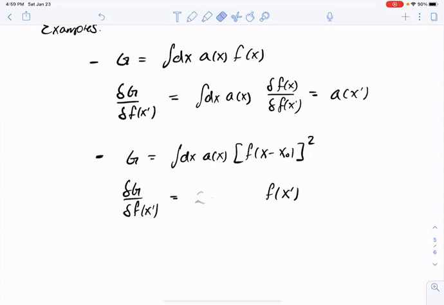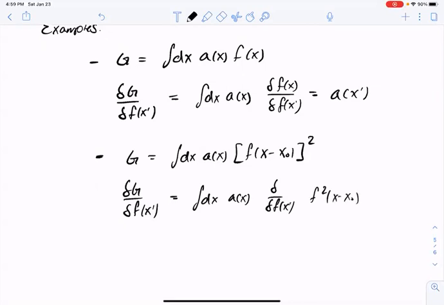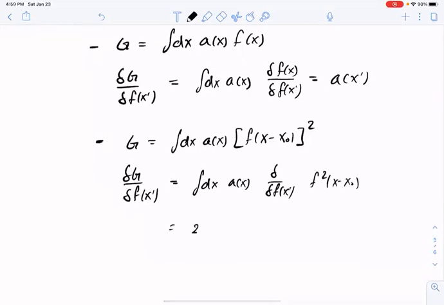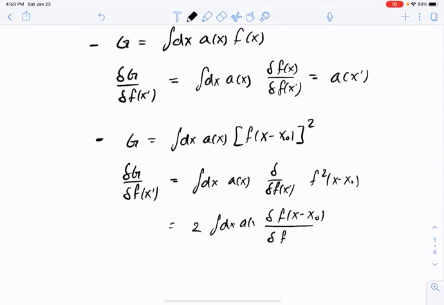Let's do this in a couple of steps. So I can pass this under the integral independent of a. I have the derivative functionally of x prime, f squared of x minus x naught. That gives me twice the integral, the derivative of f of x minus x naught with respect to f at x prime.